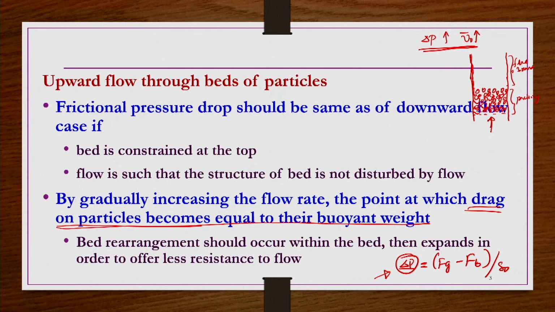After the expansion, the bed is going to offer less resistance to the fluid, because the particles are moving away from each other and the void space is increasing. So the initial increasing pressure drop with increasing flow rate comes to rest, and from that point onwards the pressure drop remains kind of constant.